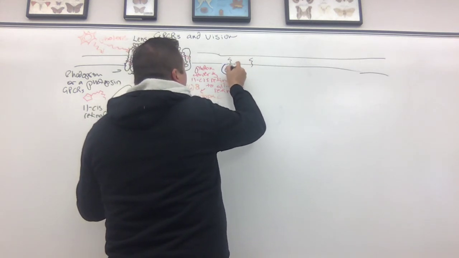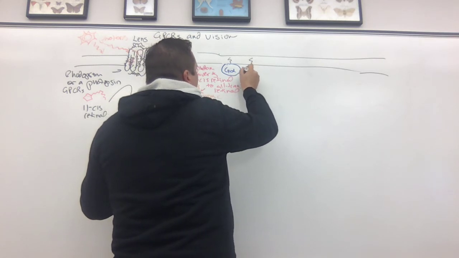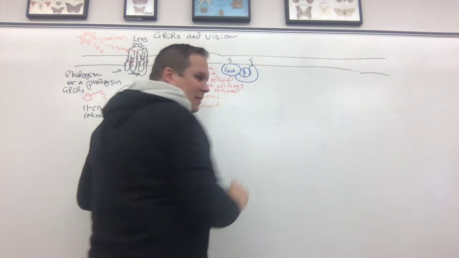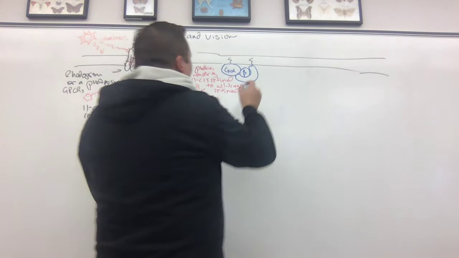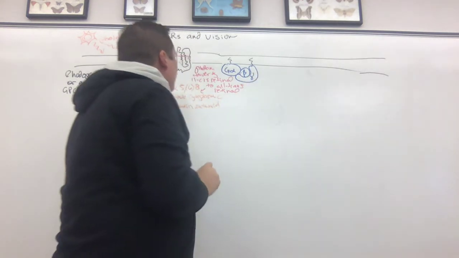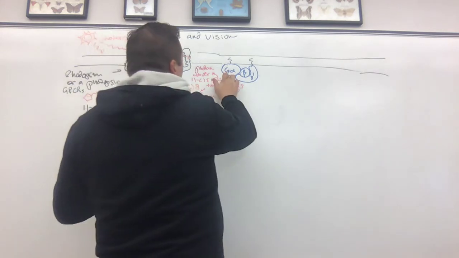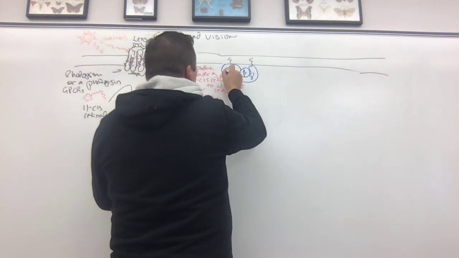So here is our G alpha, and then here is our beta, and here is our gamma. Gamma's like a banana. Gamma banana wraps around the beta. Yeah, kind of structured. So gamma, there we go. That's fine. And our G alpha subunit is, of course, holding on to a GDP.